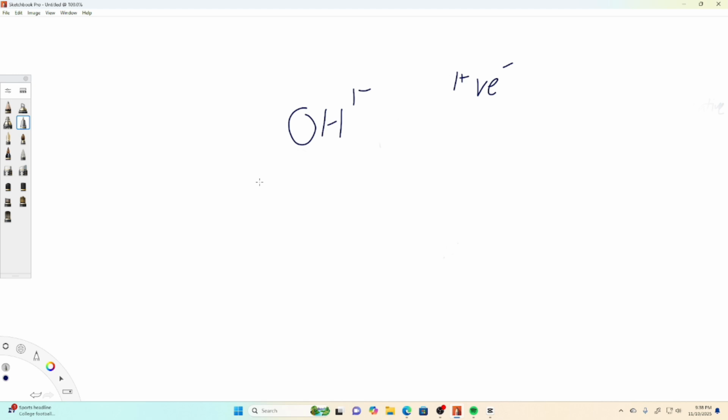Here, let me switch around that plus sign, because that means that it lost one. So let's draw this out. Per usual, here's our skeleton. Now it would be 6 plus 1. 6 valence electrons in oxygen, 1 in hydrogen, and this is 7.